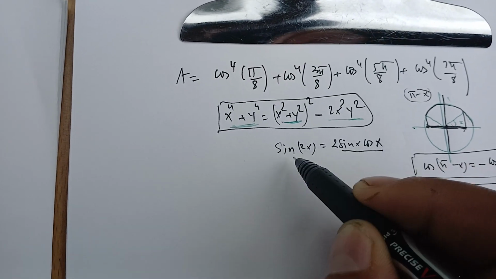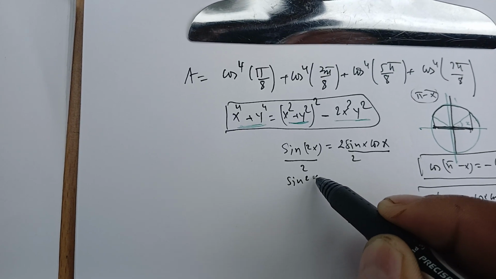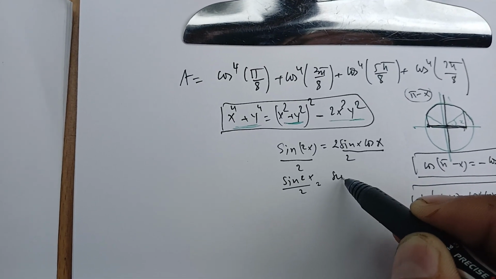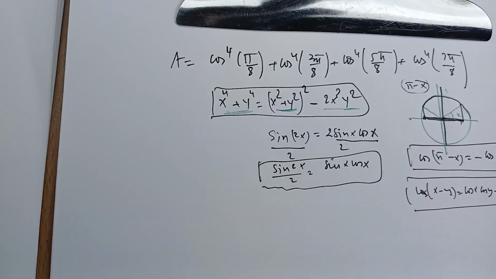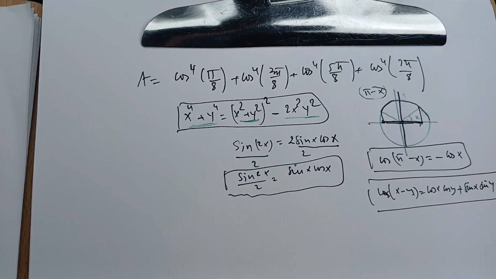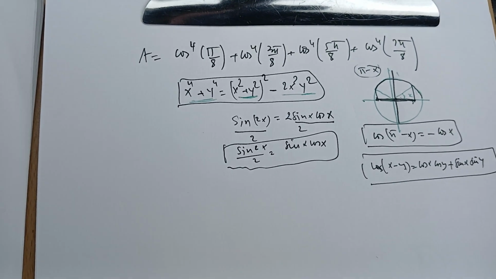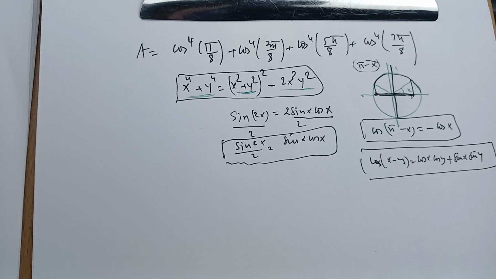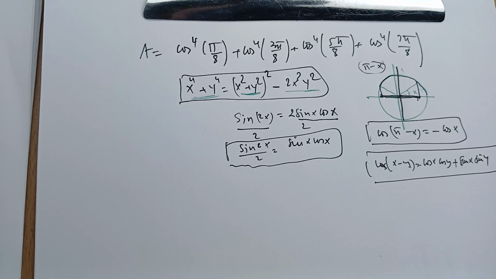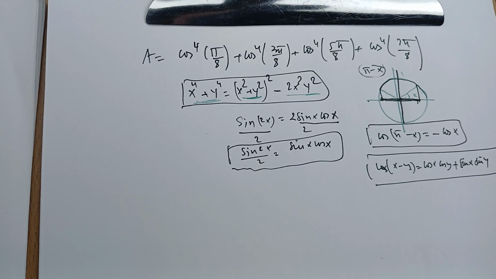If we want this one only, divide by 2. So sine 2x over 2 is sine x cosine x. All these hints will help those who want to solve this problem. It's a good problem. It's a longer one, so it's good to try. I'm going to stop here for a second or two, and if you want to pause the video and do it by yourself, that's great.